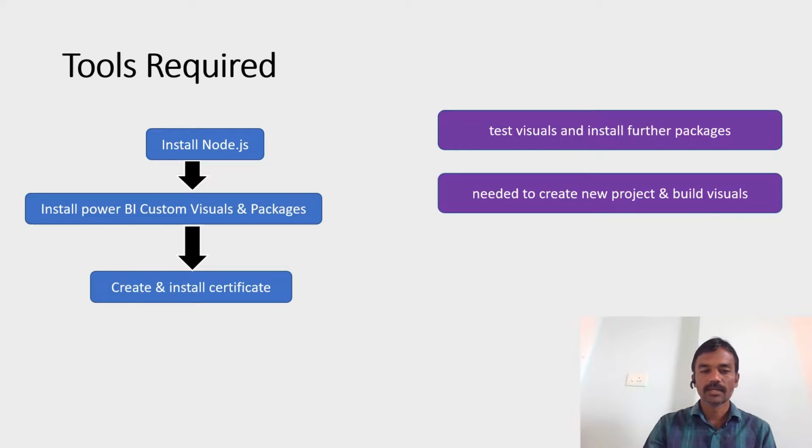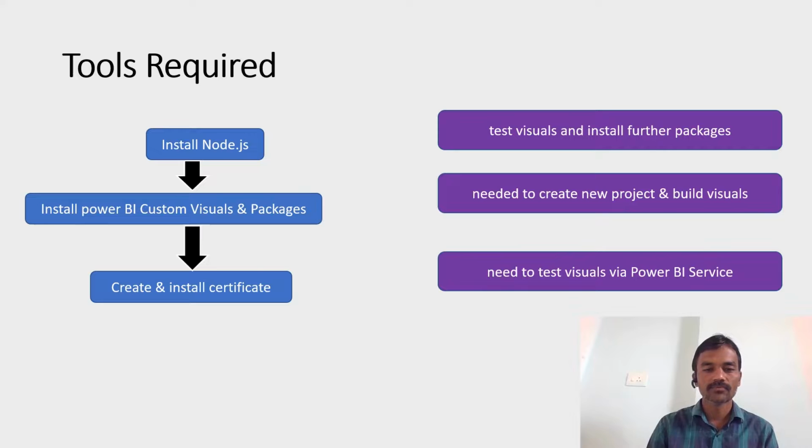Then we need to create and install a certificate. This is needed to test visuals via the Power BI service. Whatever custom visuals we are creating, we need certificates which will help us test the visuals via the Power BI service. And the last thing we require is an IDE. An integrated development environment is an editor.